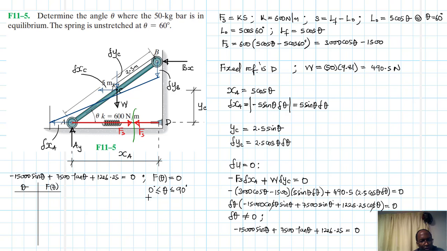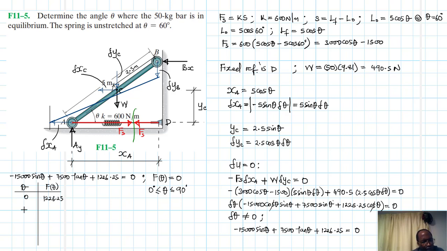So start trying out these values in this particular expression. Let's start with 0. Once we plug in 0, what do we get? We have just 1226.25, right?